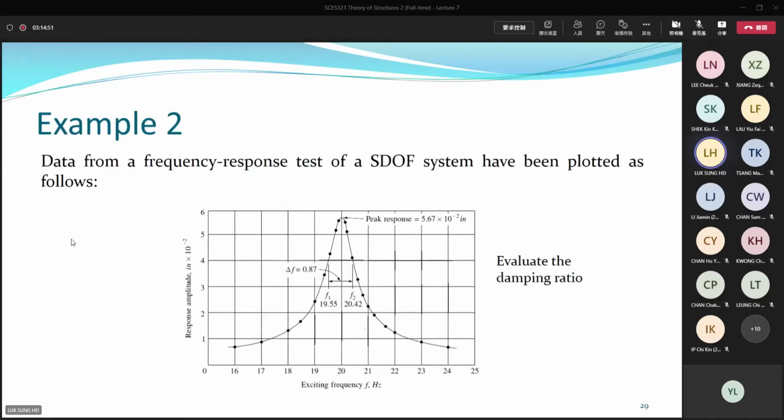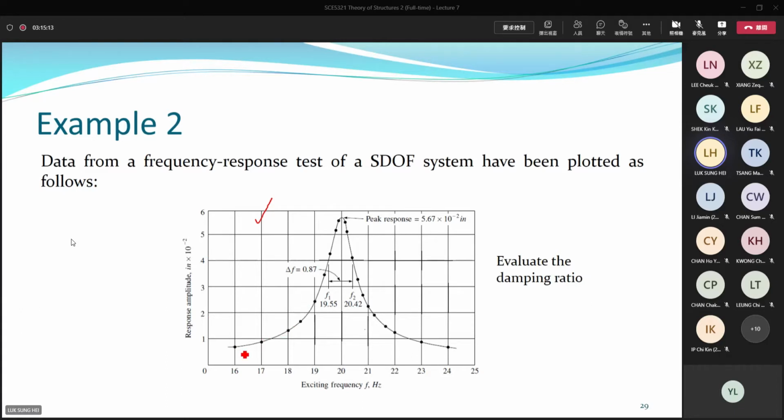Here is one short example to let you know how to use the resonance amplification method and the half power bandwidth method. Suppose we conduct many tests on a building, and then we can get this frequency response plot as shown in the picture at the bottom. The dots represent the frequencies under consideration.